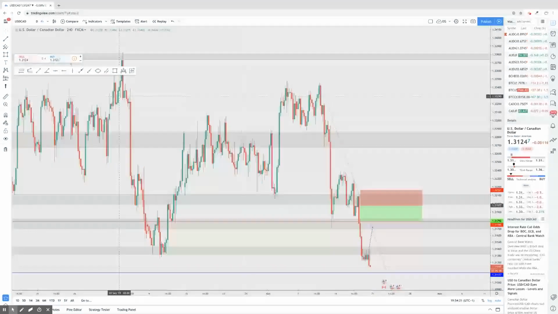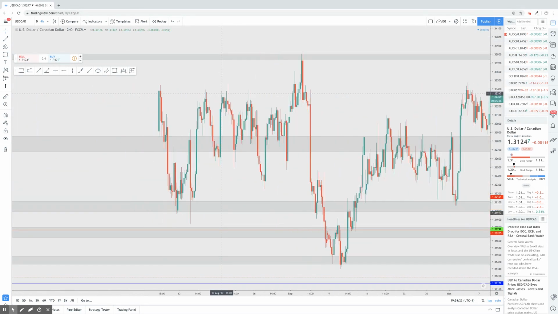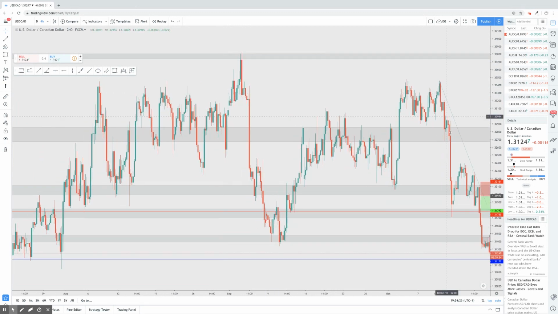All right, let me show you another example of this. Okay, here's a good example. So we draw a trend line here. Again, I'm just trying to include as many wicks as I can. If you want to see how I draw trend lines, I do have a video on that.